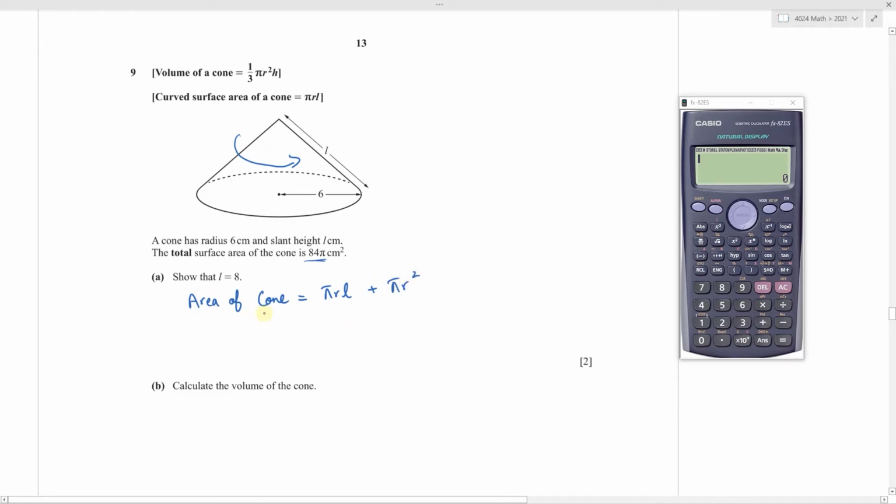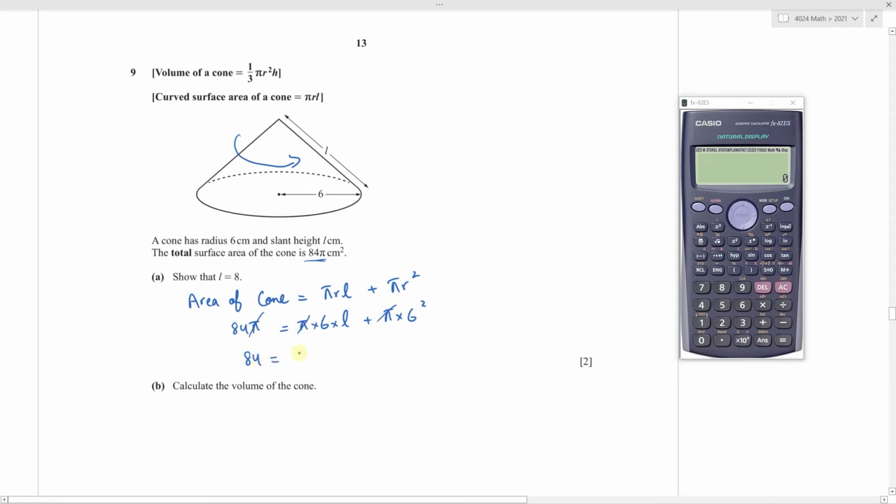So now let's substitute the values here. Total area of the cone is 84 pi, equals pi RL. Pi r is 6, L is unknown, plus pi r square, which is pi times 6 square. So I can take pi common from both sides, so these pi will cancel out.